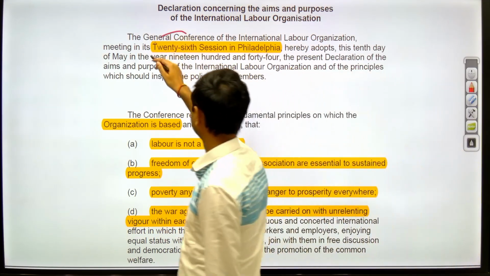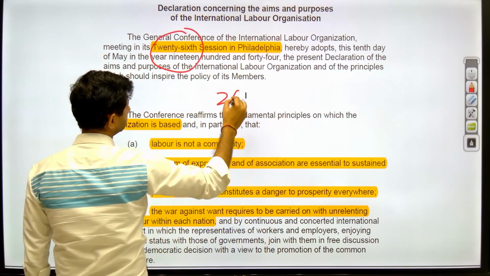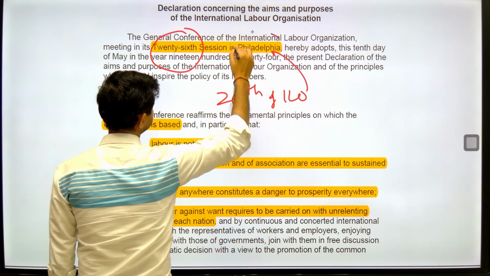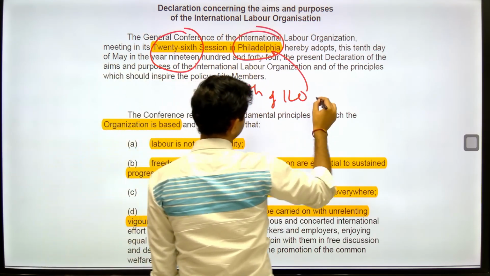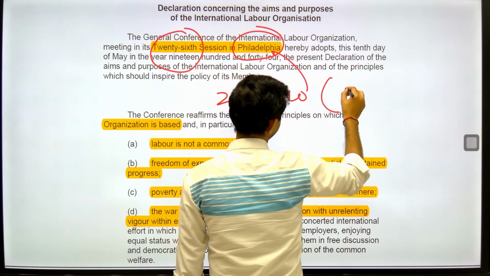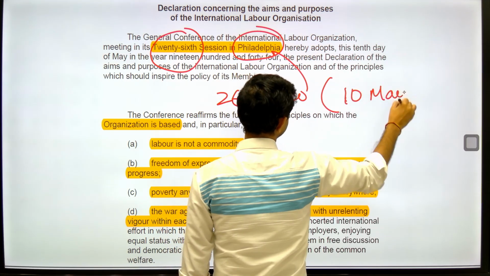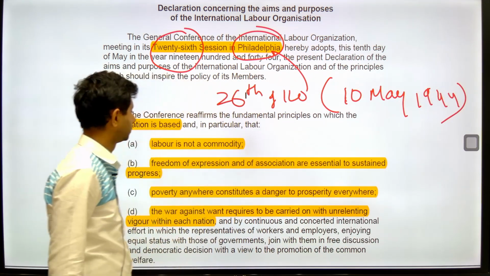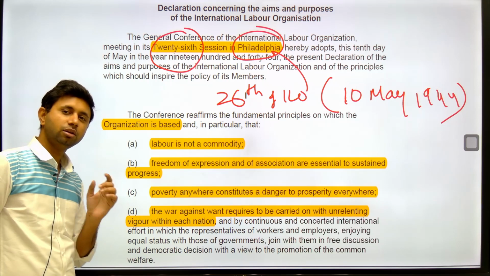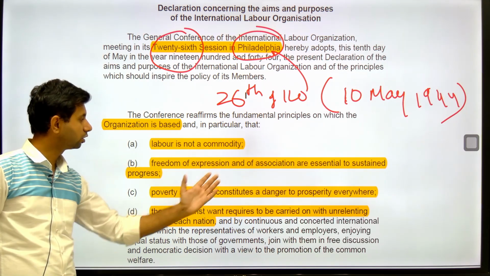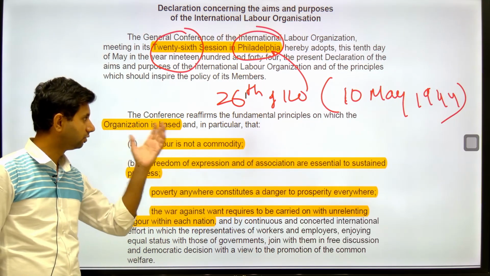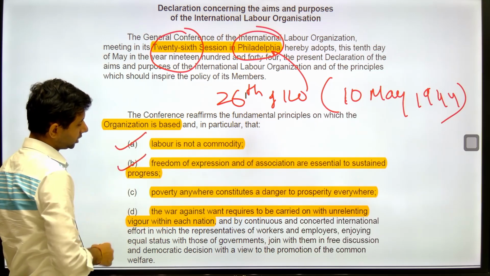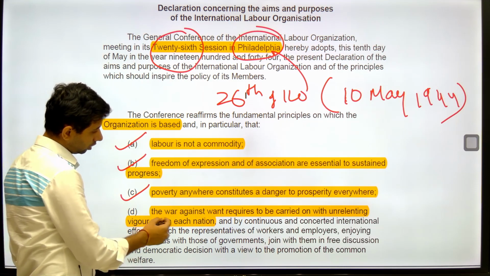This was the 26th session of ILO in Philadelphia, okay, and it occurred on 10th May 1944. Okay, and see, the questions are very basic, even copied directly from the Philadelphia Declaration itself. So labor is not a commodity, freedom of expression, poverty anywhere, the war against want.